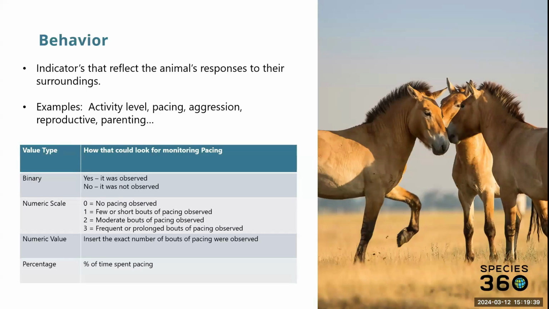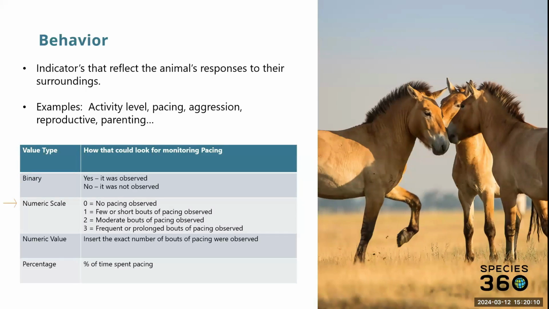And this is a part that's defined by you, so any behaviors that you want to monitor can have their own indicator created. The value type you choose is what will determine how in-depth you track this. So in this example, by taking a look at the table below, if I wanted to create an indicator for pacing, a binary value type will simply record whether pacing was observed or not.